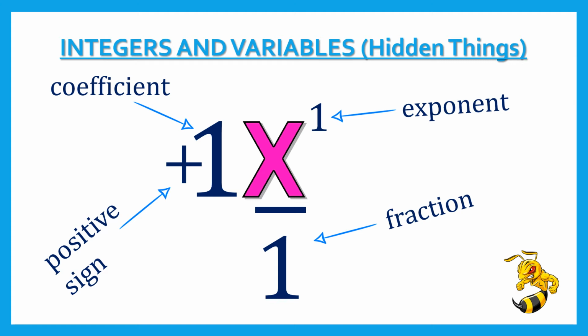But the proper definition for a variable is something that represents an unknown. Therefore, the unknown could be an integer or any number. It could also be an expression. It could be another variable. So in that case, we cannot use a decimal point on a variable.